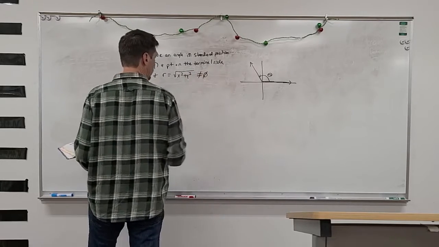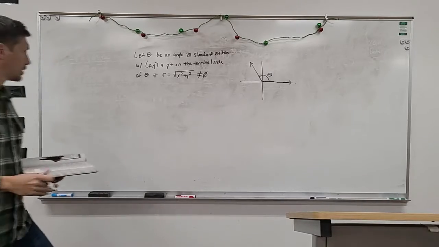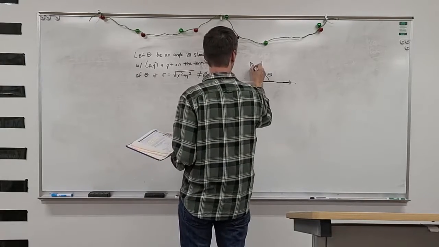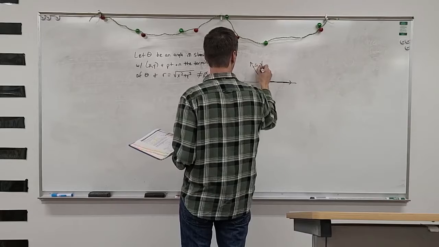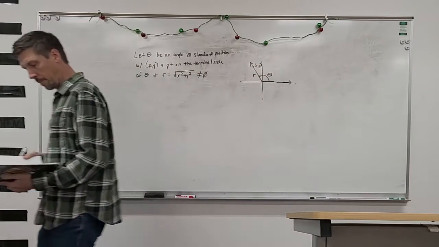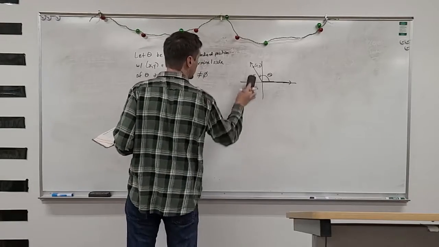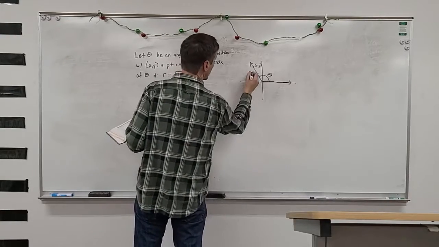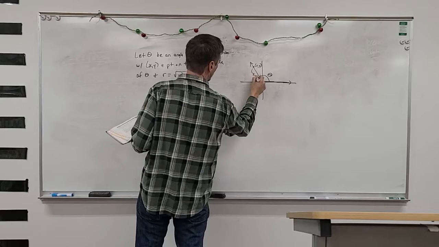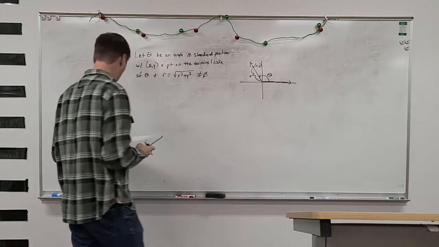So it's got to have actual length to it. This is our point (x, y) up here. This is our value r, the distance from the origin to the point. That's r.